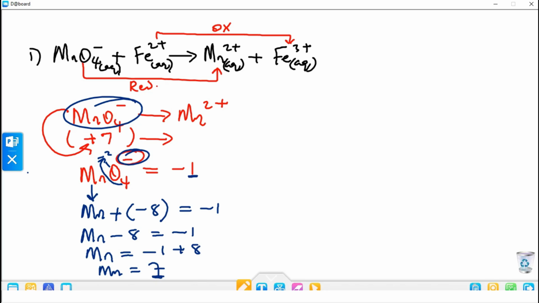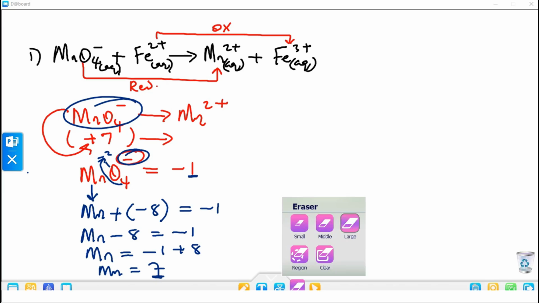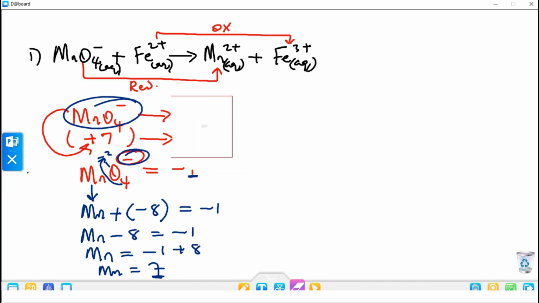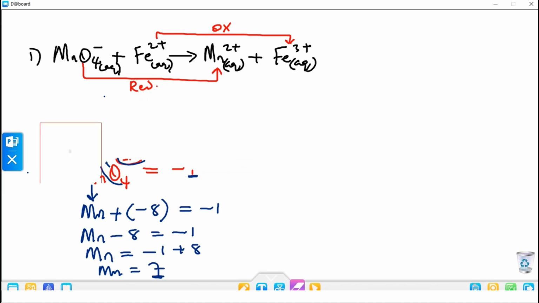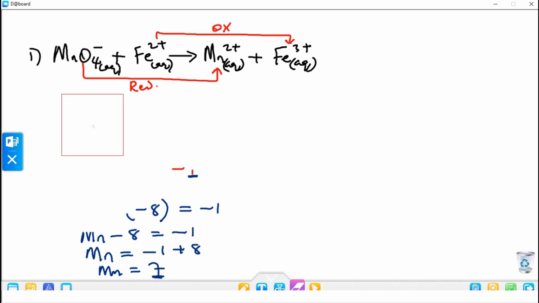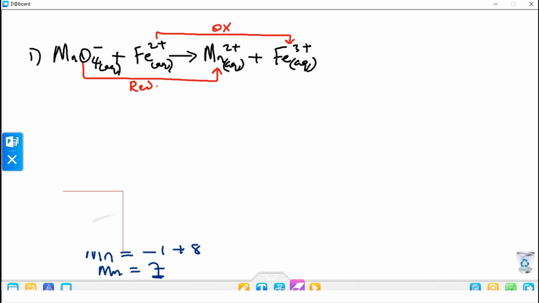So we can see from the equation that manganese has gone to manganese 2 from manganese 7. Since manganese has gone from manganese 7 to manganese 2, it means it has been reduced. And since it has been reduced, automatically the other species must be oxidized, or must be the oxidizing agent.